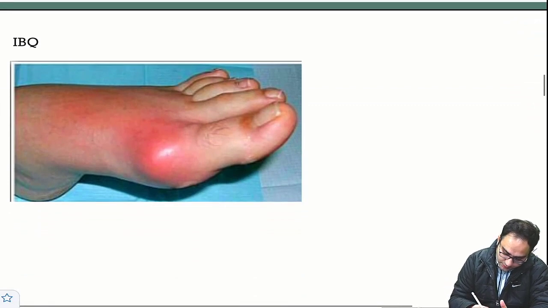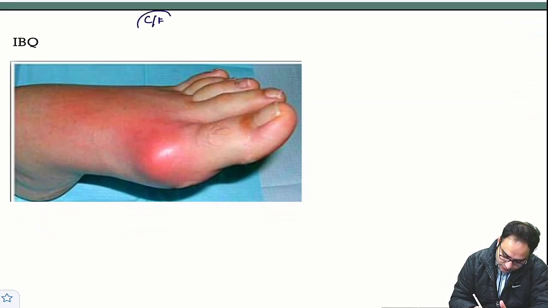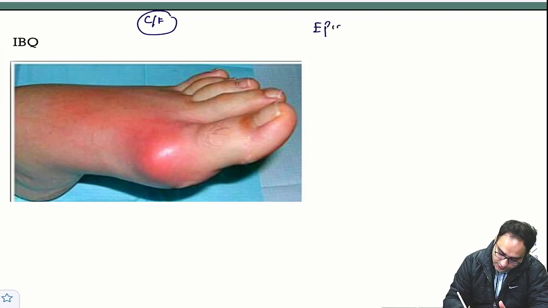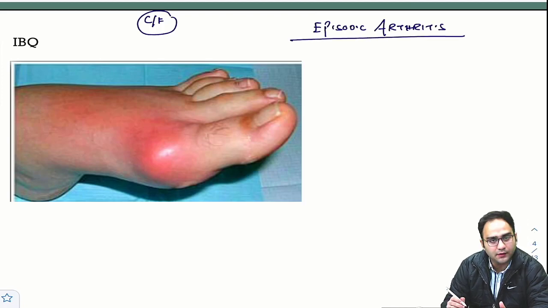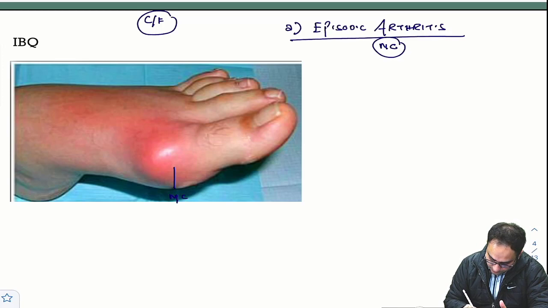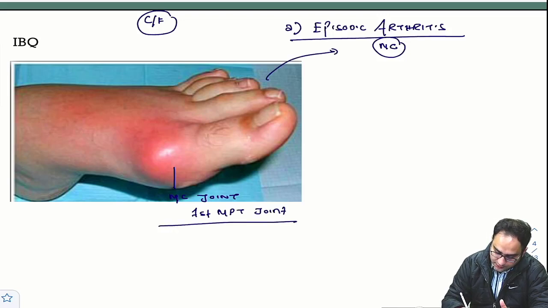Now, coming to the clinical features of gout. As I've already mentioned, the most common presentation is episodic arthritis, right? The most common joint involved is the first MTP joint.